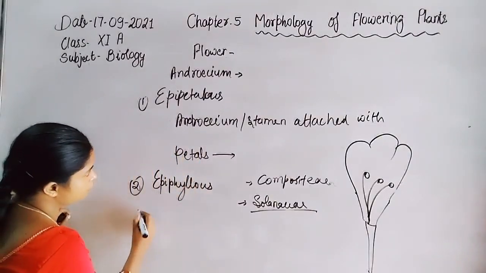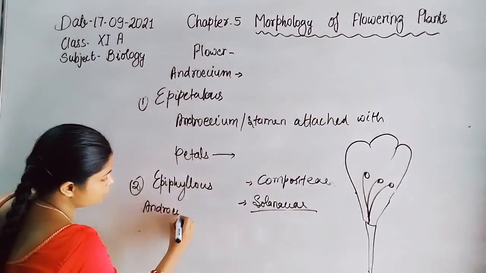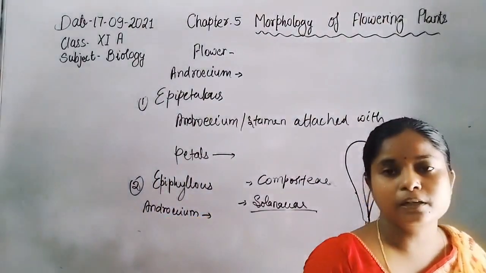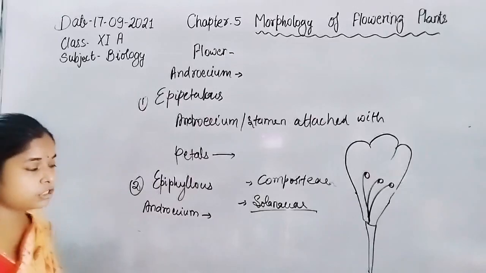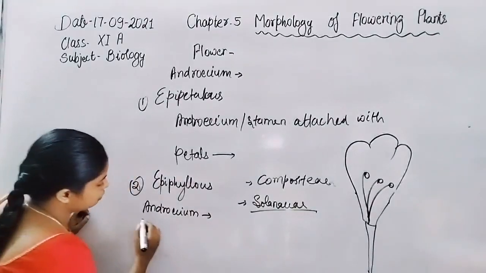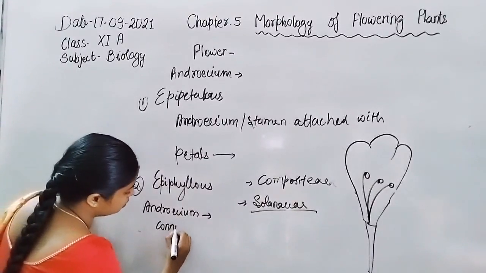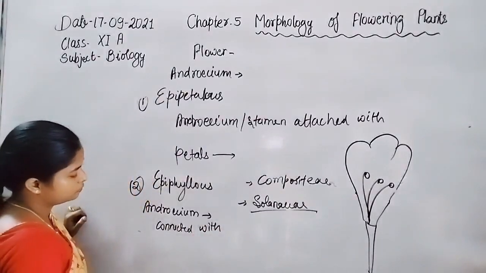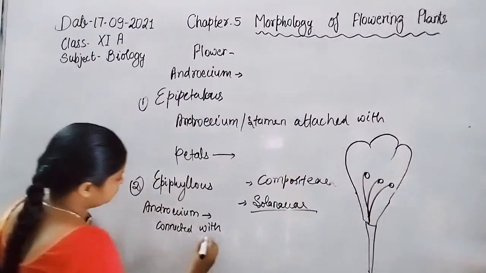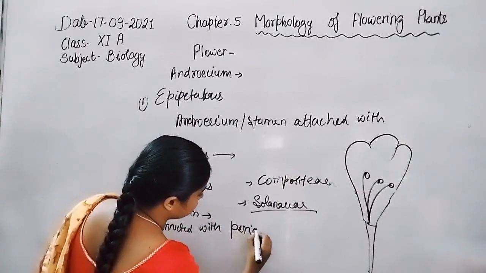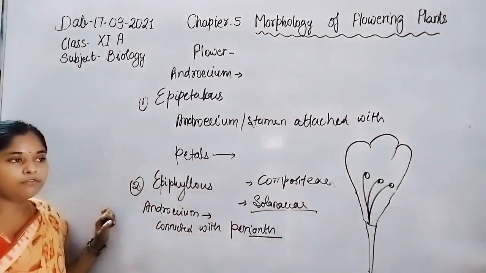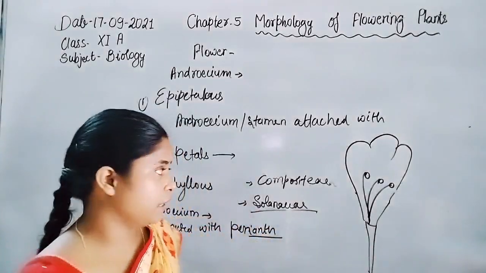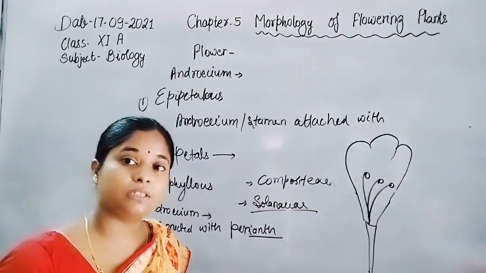Second is epiphyllous type of androecium, when the androecium is connected with the perianth, not the petal, the perianth. Such androecium is known as epiphyllous type of androecium, where the androecium is connected with the perianth.